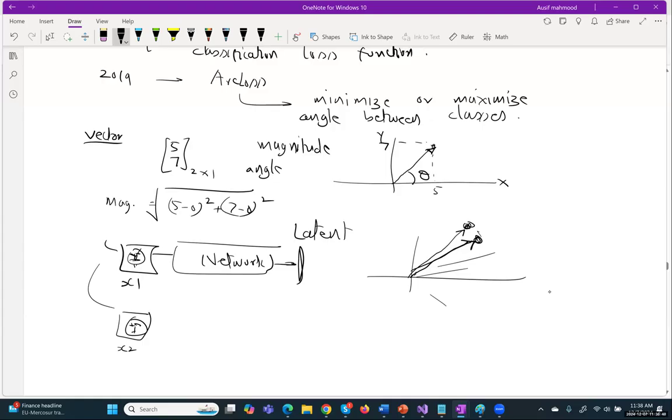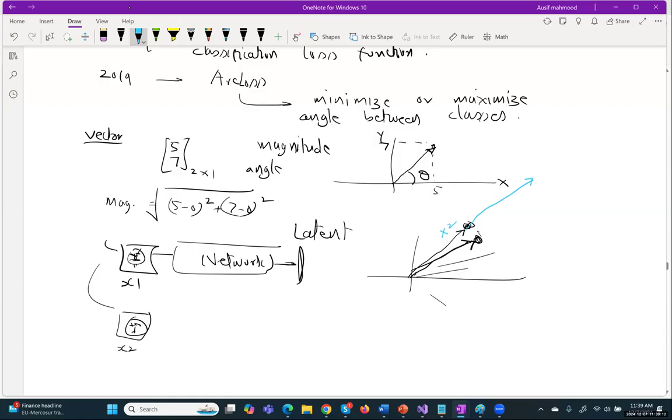So what may happen is, even though x1 and x2 are the same, depending upon the scenario, if I multiply a vector by 2, it will extend in the same direction.